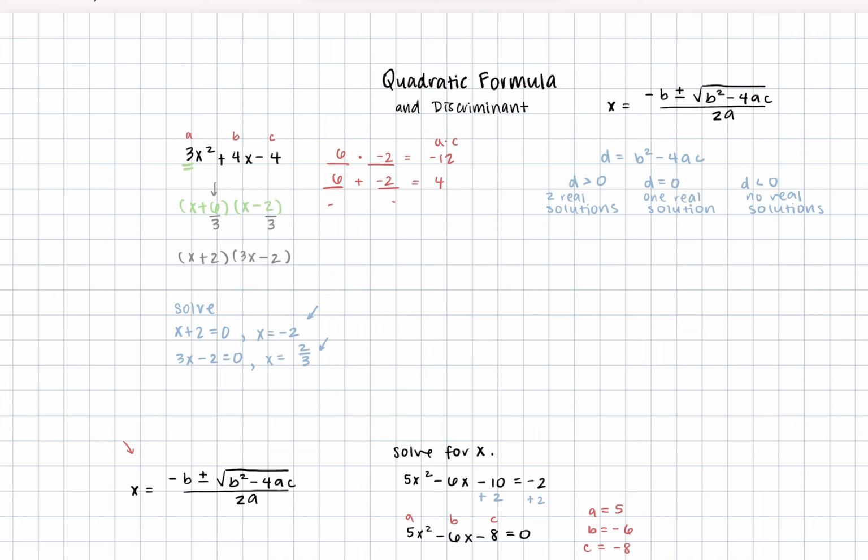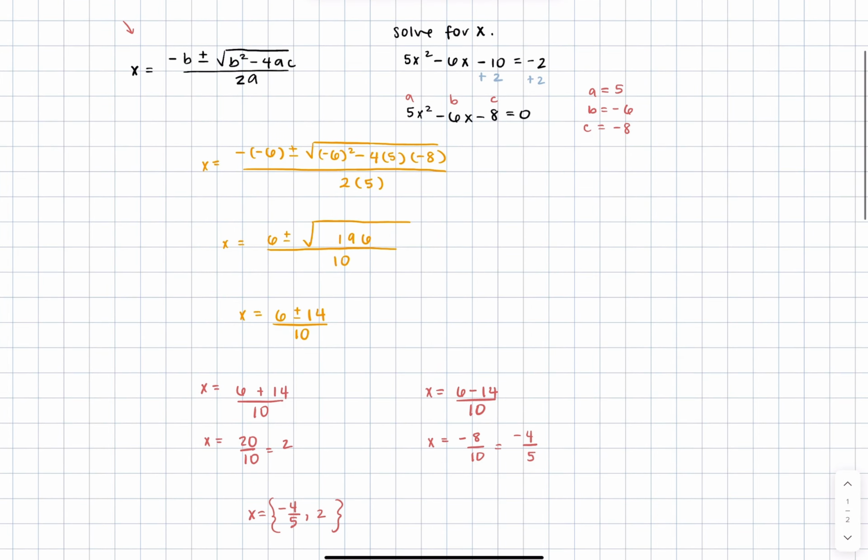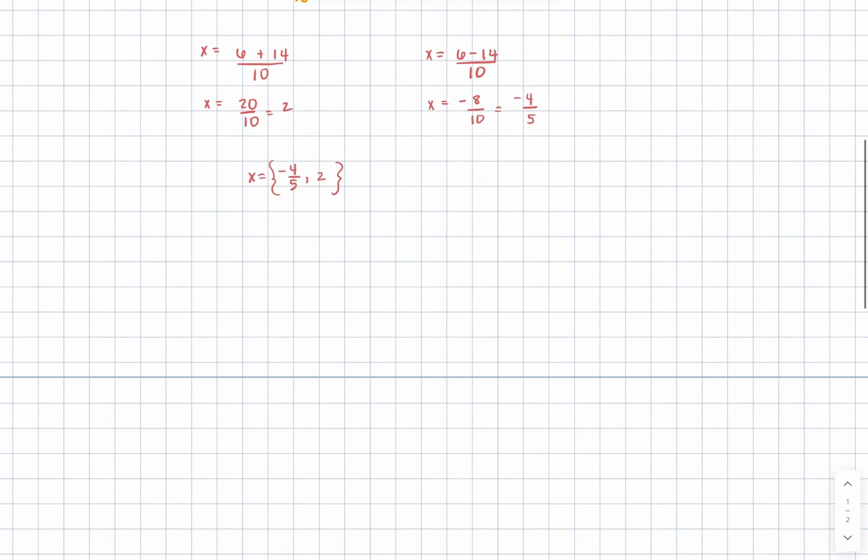So let's look at an example. Let's say we have our same problem here, or we could do a new one. Let's say we have 7x squared plus 4x minus 3. Remember, our discriminant formula is d equals b squared minus 4 times a times c. We start off by labeling a, b, c.